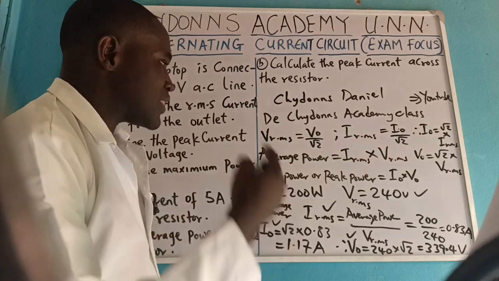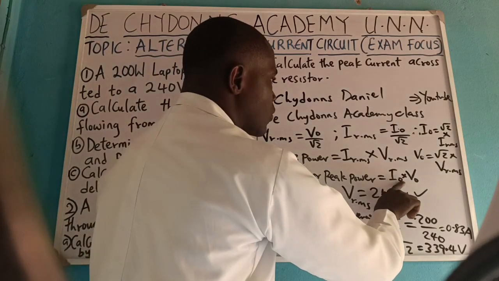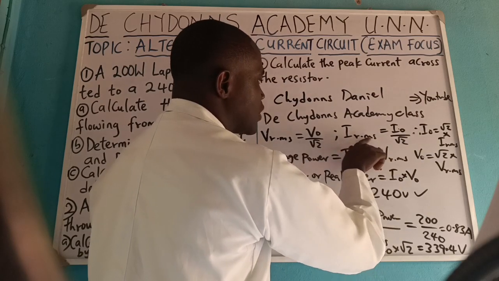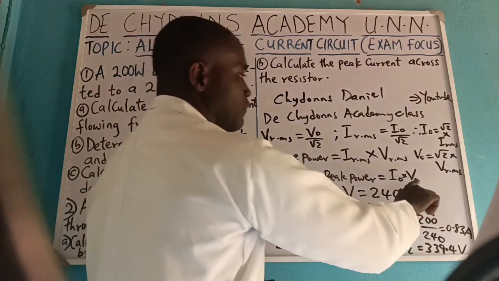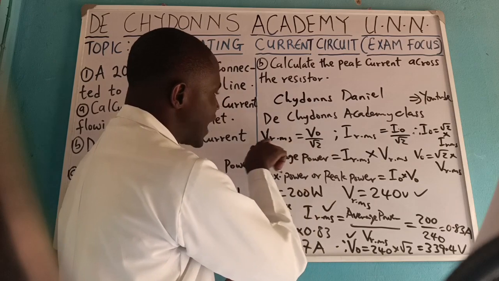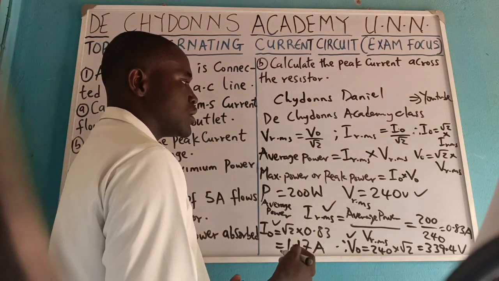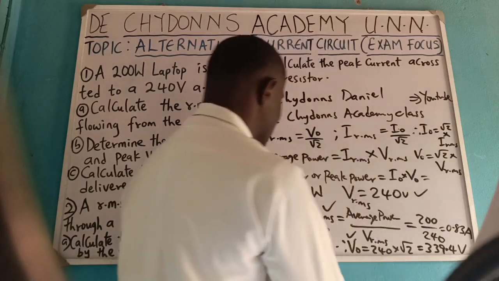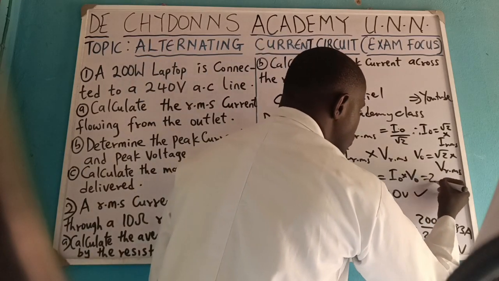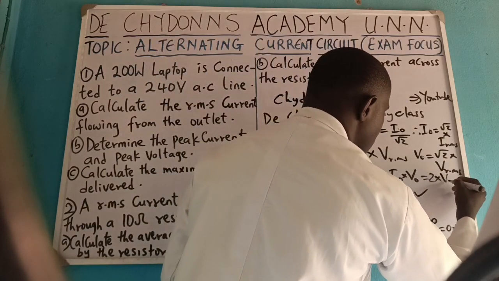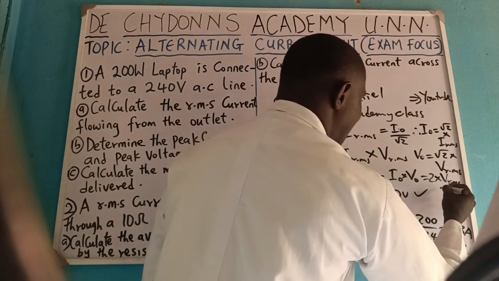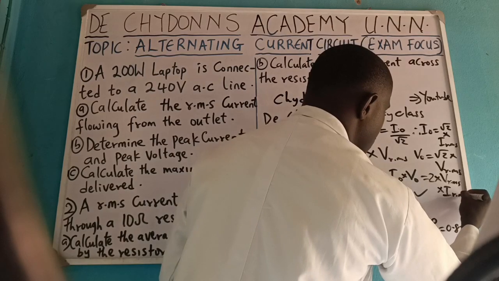I0 is equal to root 2 times I root mean square current. V0 is equal to root 2 times V root mean square voltage. And so if you multiply both of them, maximum power will be equal to 2 times V root mean square voltage and I root mean square current.